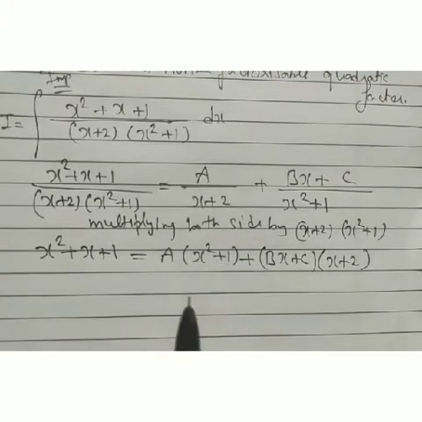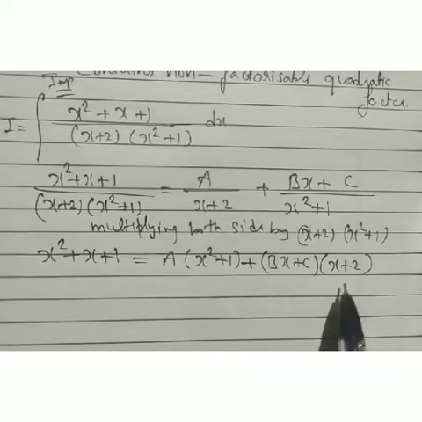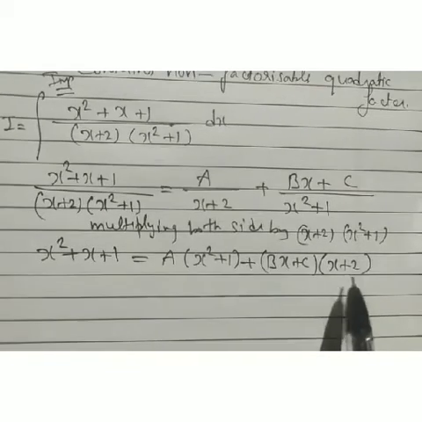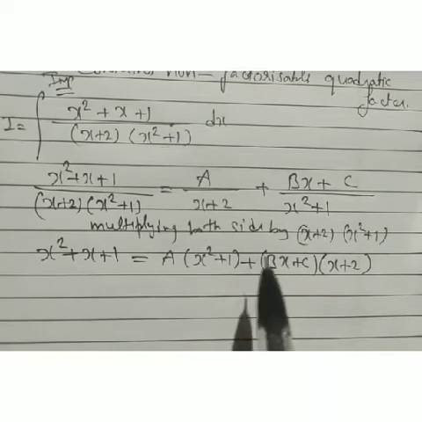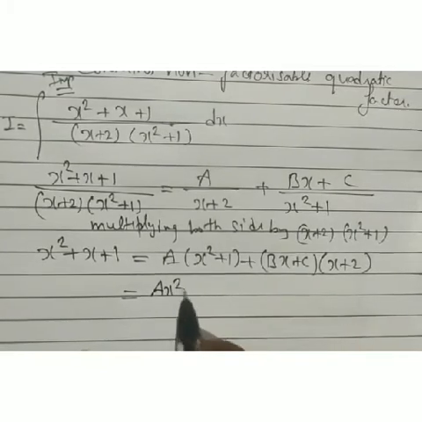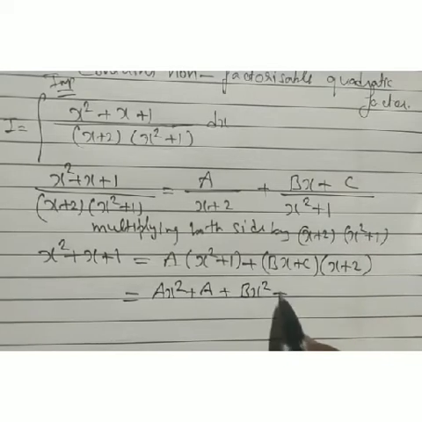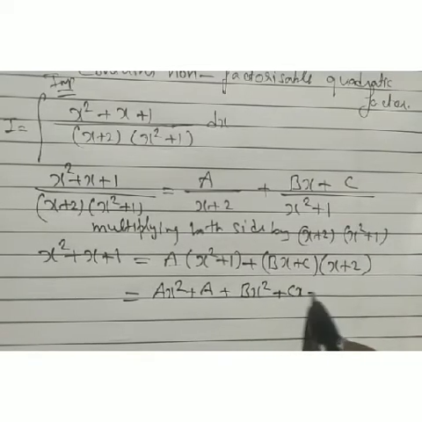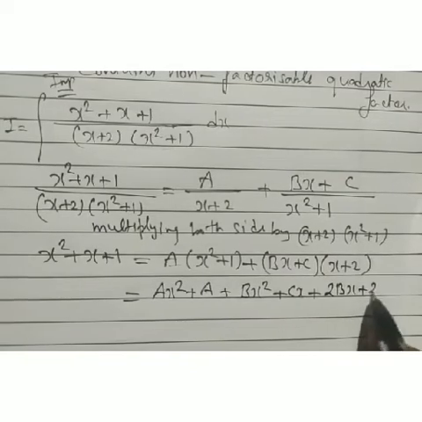Here it is a little difficult to put in values, because we can only put x equal to minus 2. So to get the values, we use the coefficient method. First we expand it: ax square plus a plus bx square plus cx plus 2bx plus 2c.